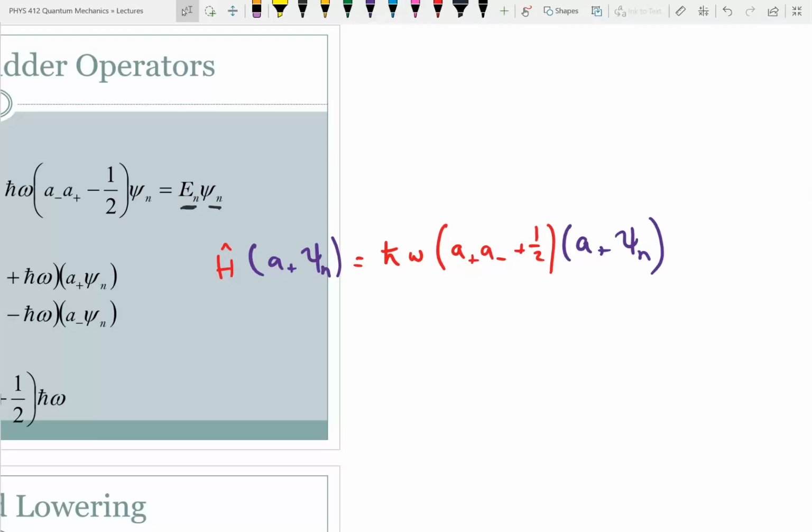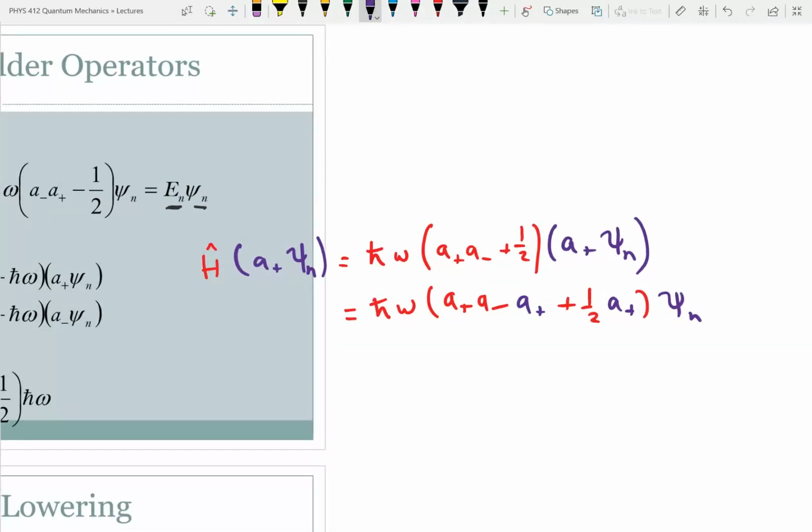Following through with my math, this is so there I have simply shifted the a plus from operating directly on the psi n to being at the tail end of the operators that were present.